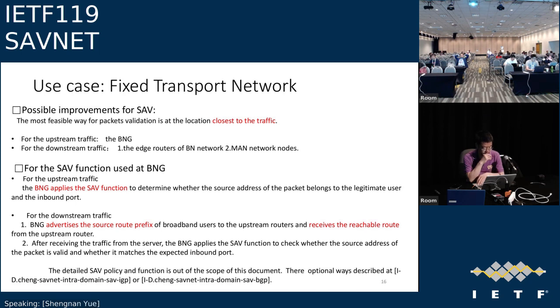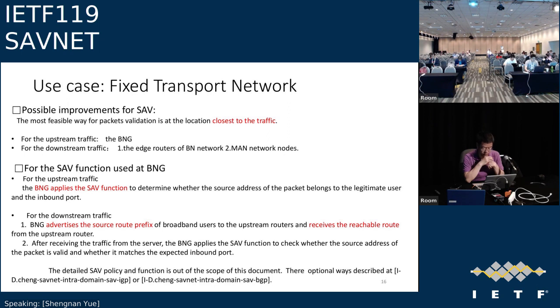And after receiving the traffic from the receiver, the BNG applies the SAV function to check whether the source address of the packet is valid and whether it matches the expected inbound port. The detailed SAV policy and function is out of scope of this document, but their options are described in the SAV IGP or SAV BGP.